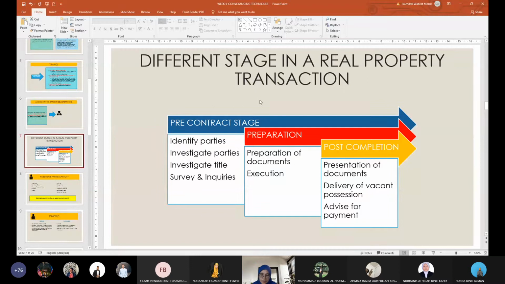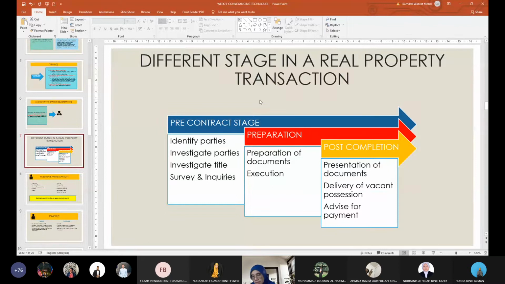Sebab when we talk about conveyancing, we are talking about a transfer of property, a process of transferring a property from A to B. So in order for us to transfer this property from A to B, we have to do the registration at the land office. So presentation of the documents at the land office to register the new owner of the property.